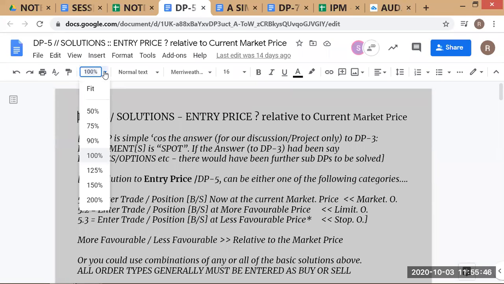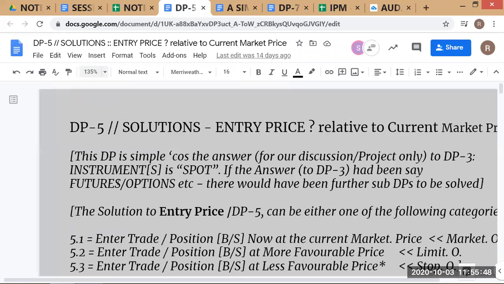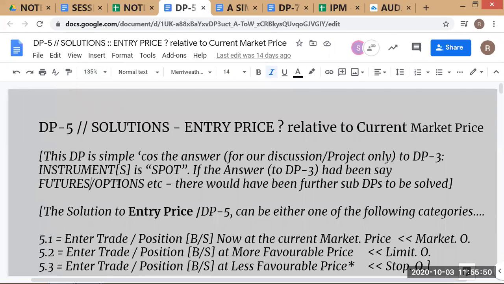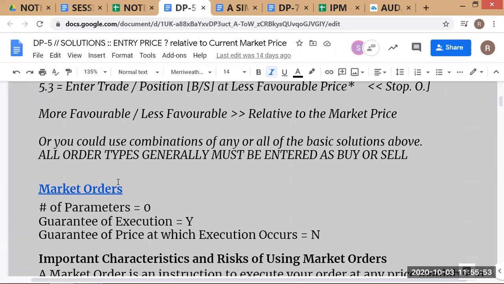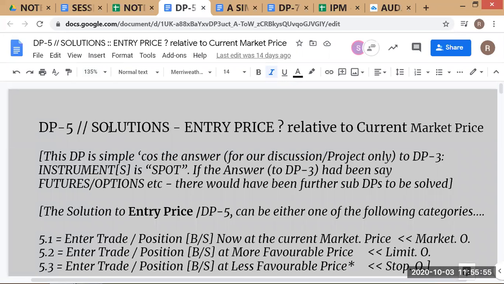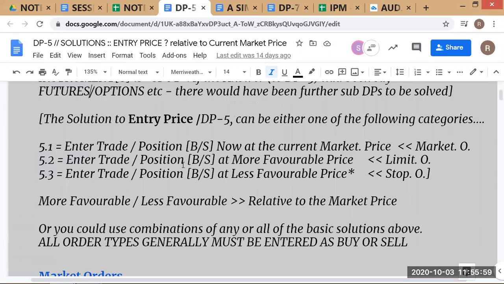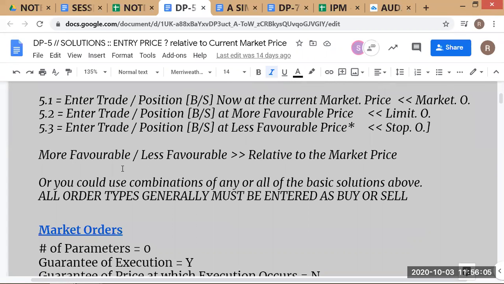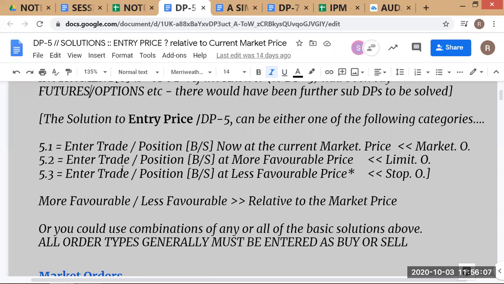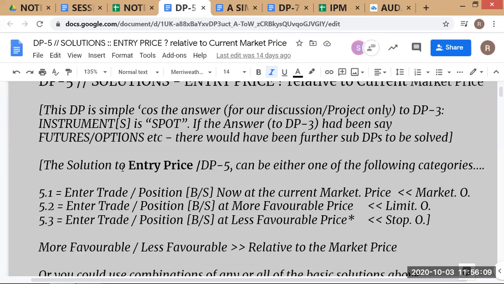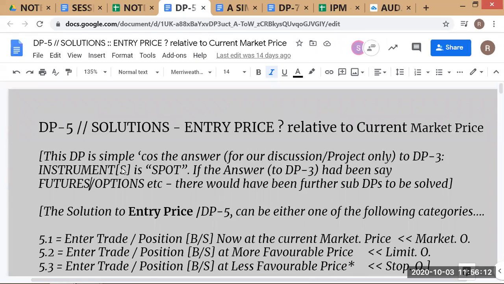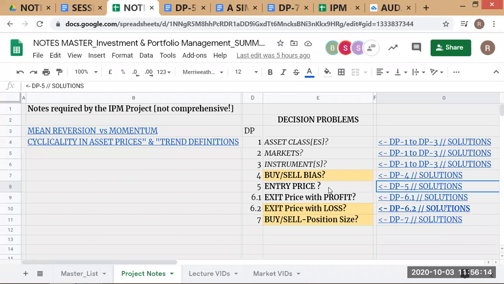So what we are learning now in order types, which are related to DP5, will be applicable throughout your career and throughout the next two courses as well. We've already had a brief discussion, so I'll only mention it briefly. Now we are going back to DP5.